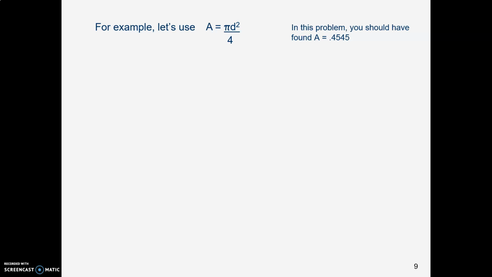And a reason for doing that is you probably found that you need an area of 0.4545. Well, it might be handy to go from there to the diameter without an intermediate step. So we'll use the formula that has diameter in it. Area is pi d squared over 4.